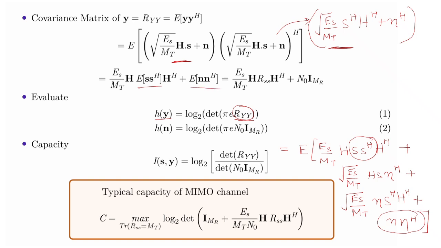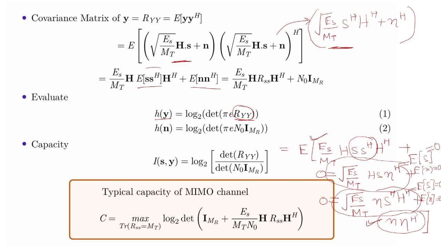Both the second term and the third term will be equal to 0, because here we will have expectation of S which is equal to 0, and here also expectation of S which is 0, and apart from this we also have expectation of noise which is also equal to 0. So these two terms will become 0 and we will get the first term and the last term.